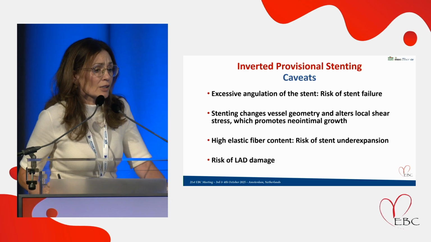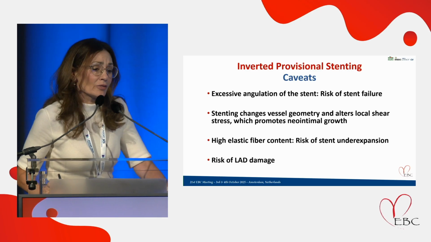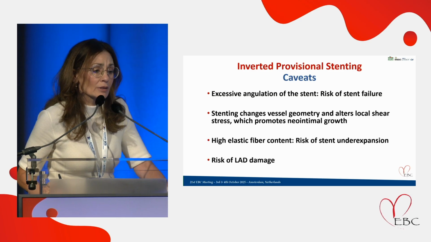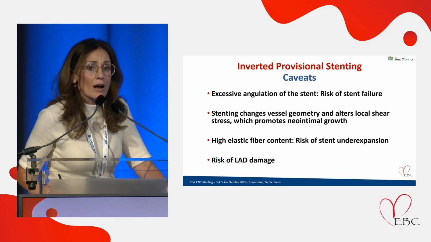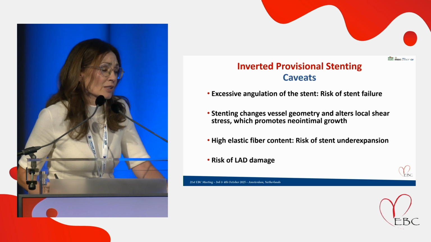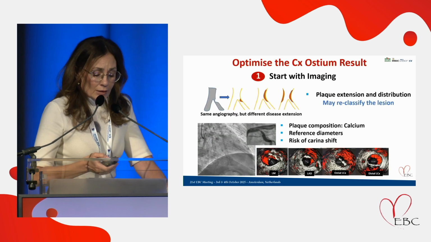Stenting changes vessel geometry and alters the local shear stress. We promote neointimal growth. It's a very important point for stent under-expansion because there is a high content of elastic fiber, and obviously there is a risk of damage of the LAD, that is the main vessel.